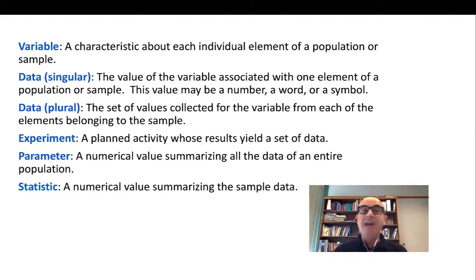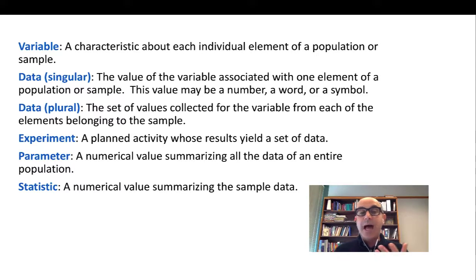Data is the value of the variable associated with one element of the population. The value may be a number, a word, or a symbol. In Perl, the term data means the set of values collected from the variable for each element belonging to the sample. An experiment is a planned activity whose result yields a set of data.